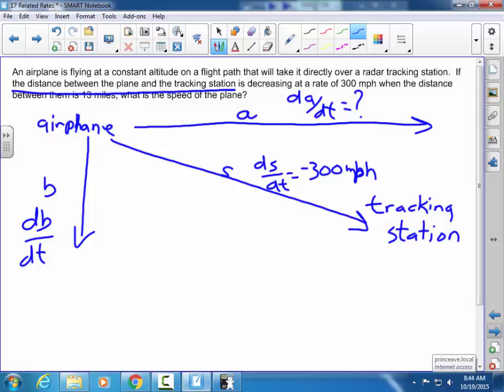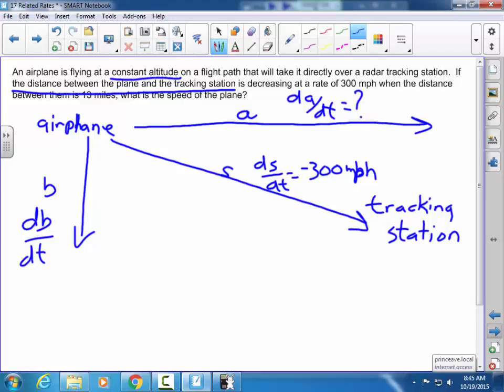And what did you say about a constant? Okay, it's flying at a constant altitude. What does that mean? Same height. So is dB/dt a speed over here?